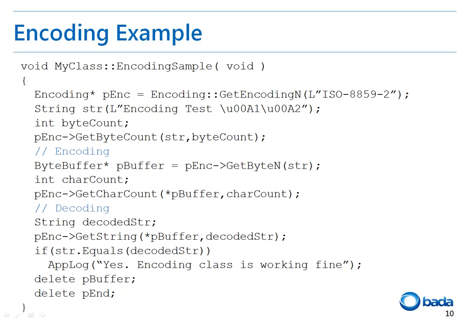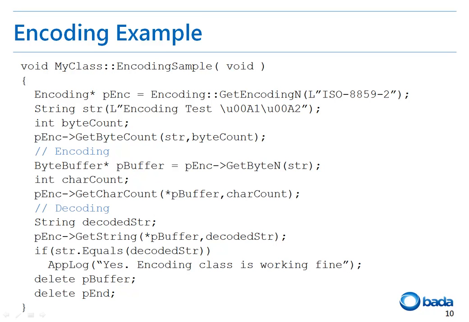The getCharCount function is then used to get the number of Unicode characters required to decode the encoded string in the byte buffer back to Unicode. The getString function decodes the encoded string, saved in the byte buffer, into Unicode.